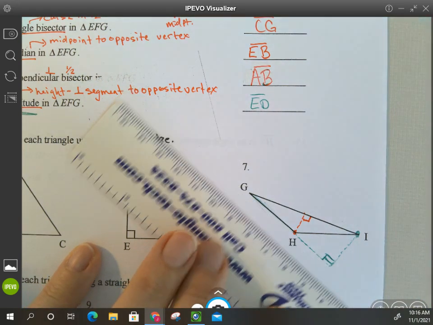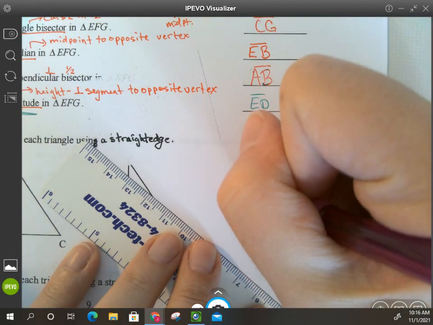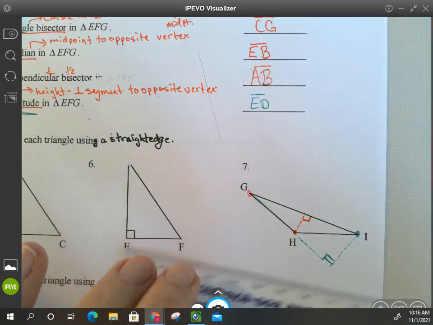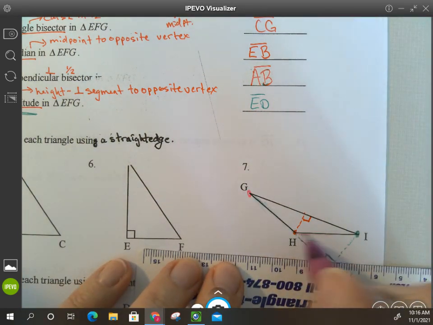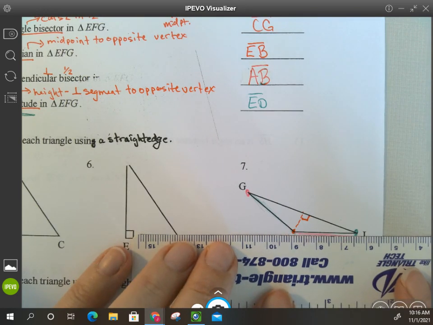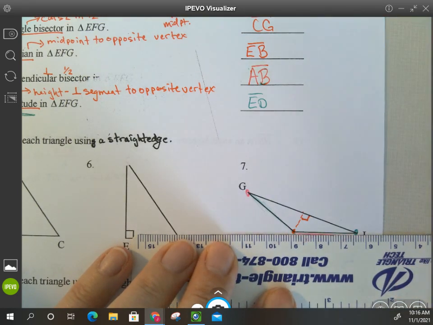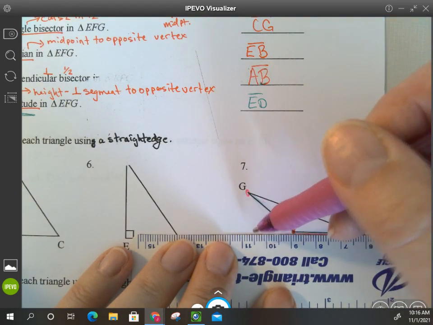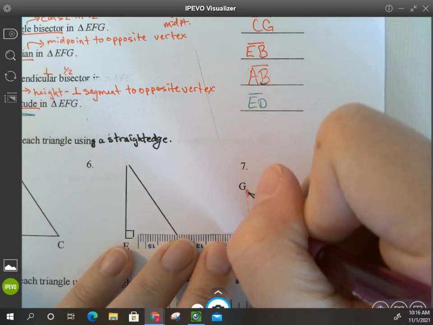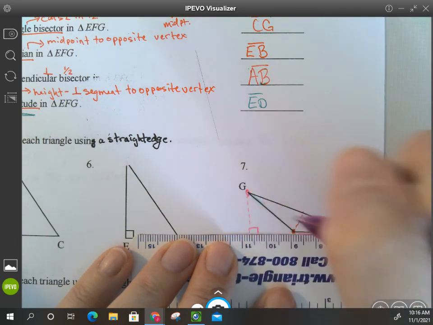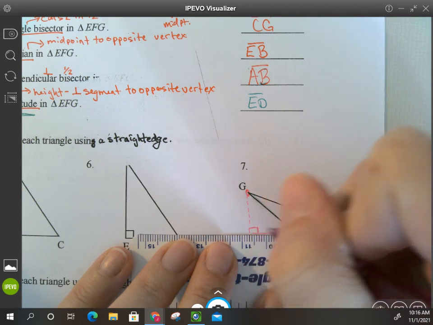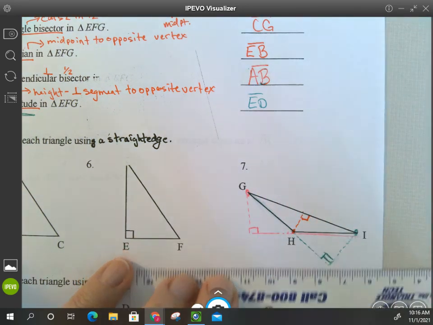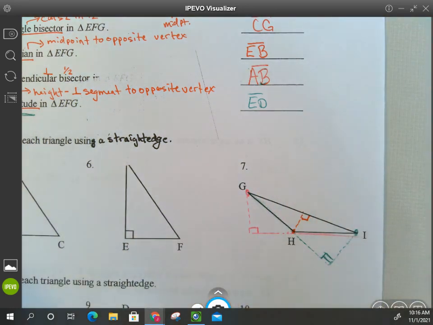All right, take your points on G. I think highlighting that point helps. Take your ruler over here and find where it would be perpendicular. Where can I drop a line from G and make it perpendicular? Right about here. Then you need to extend the triangle. These altitudes were a little bit harder because they're on the exterior. Altitudes go from vertex to opposite side.